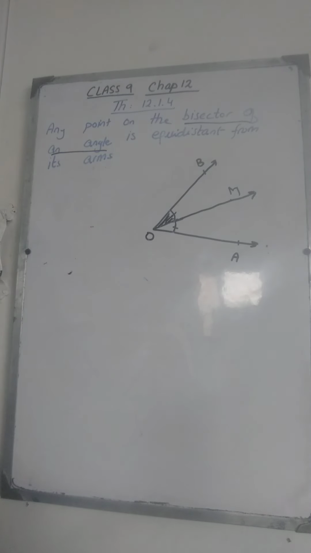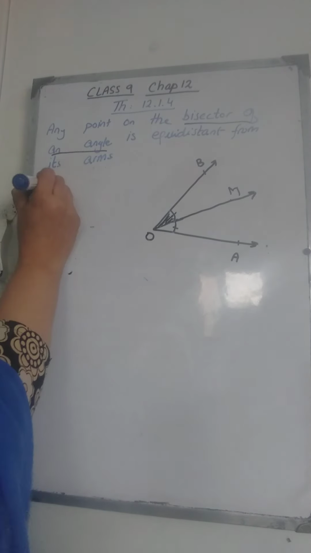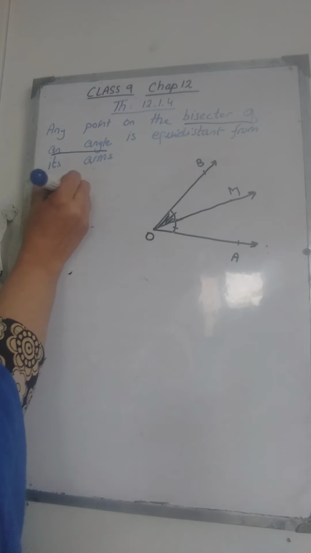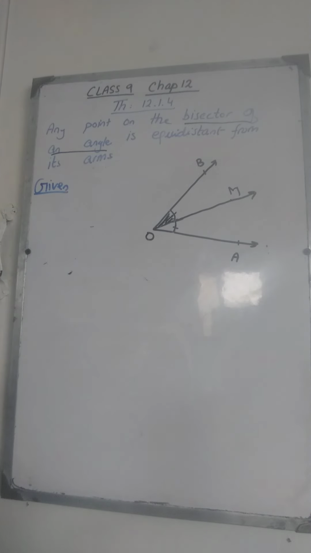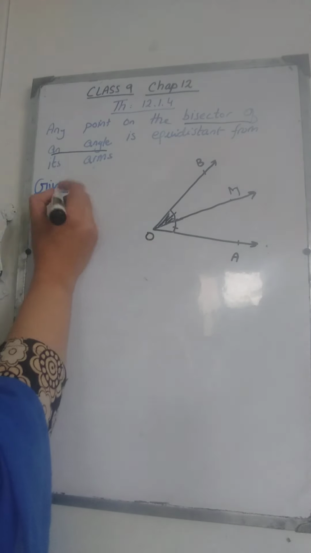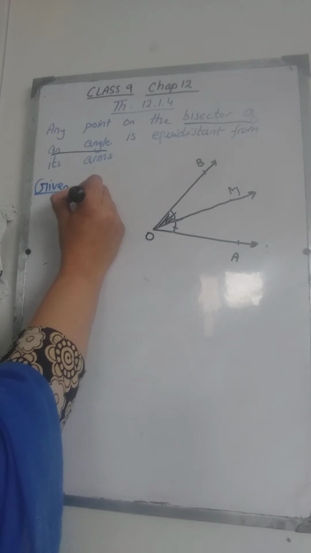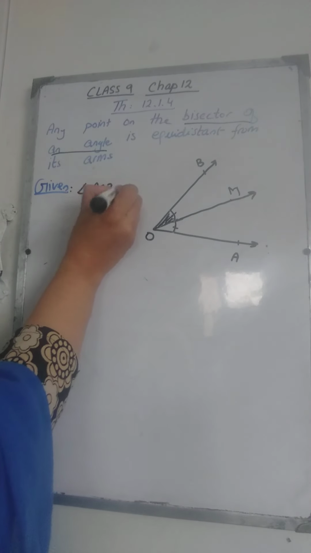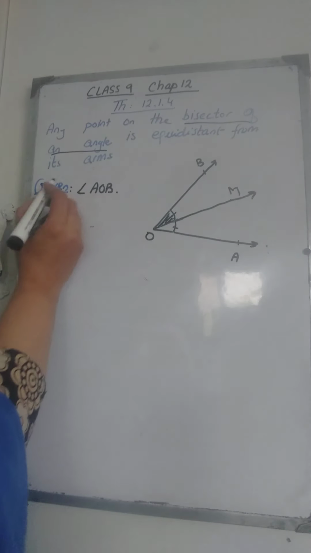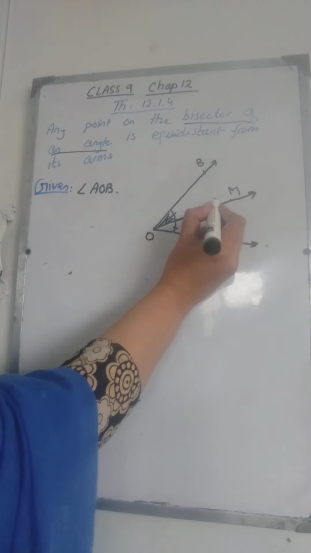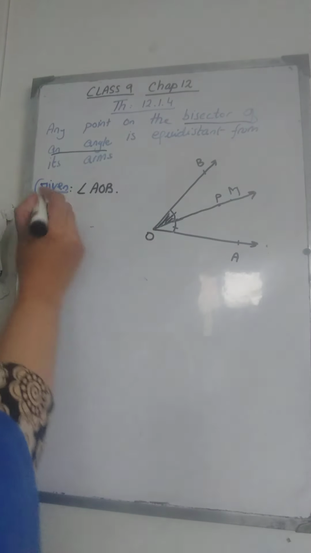Let me write the given first. We are given that we have a point on OM, the bisector of angle AOB. We are given angle AOB, and let me take the point P. P is any point on this bisector.